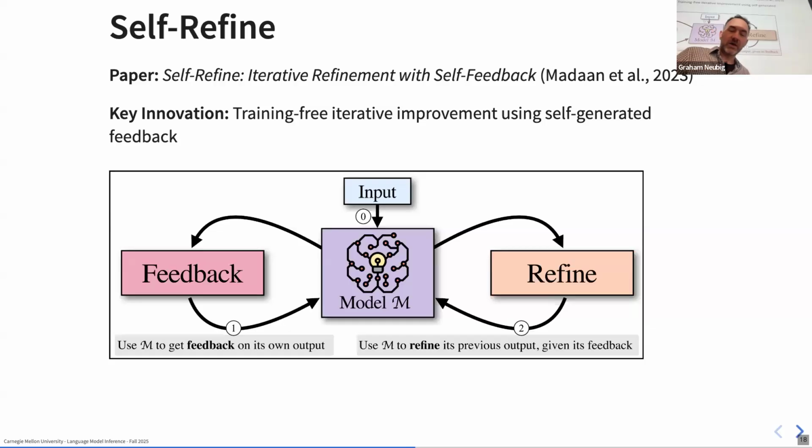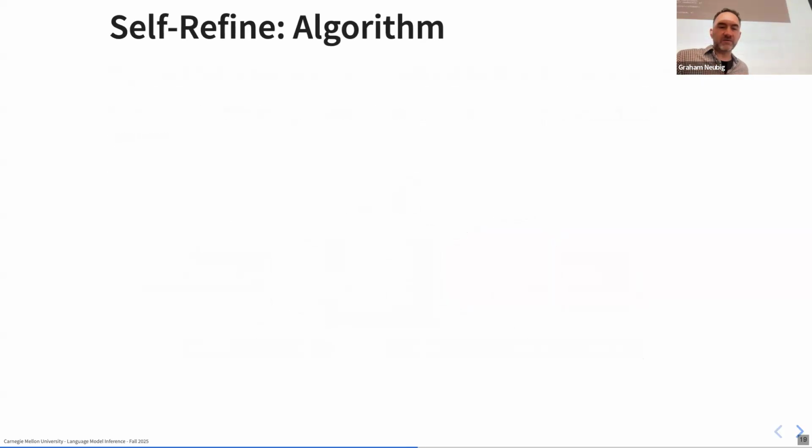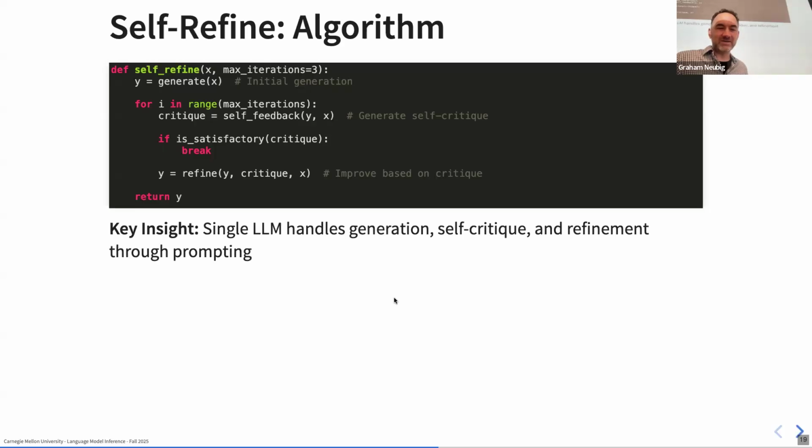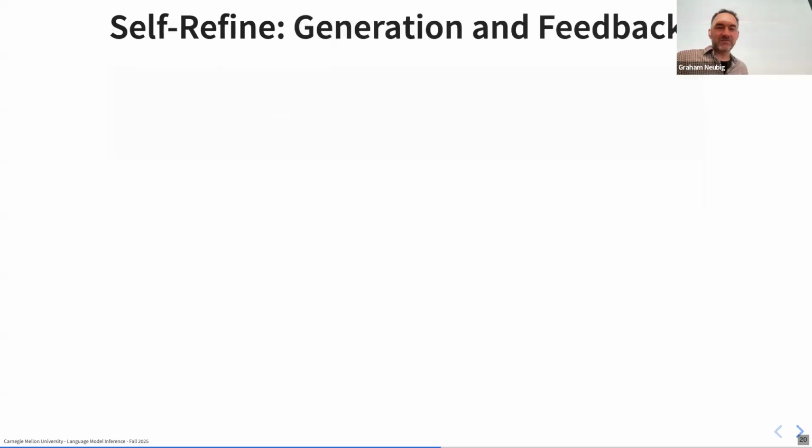And the idea is very simple. You generate an output, refine it, and get feedback. So the algorithm is essentially exactly the self-correction algorithm that I showed you before. Nothing particularly fancy here.